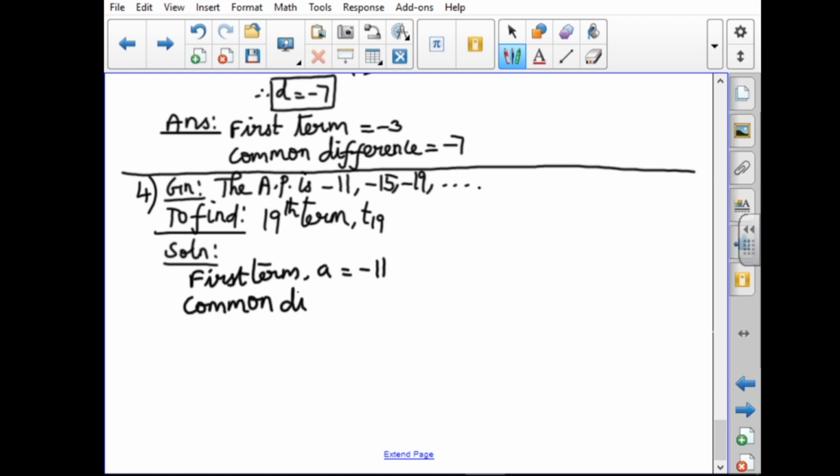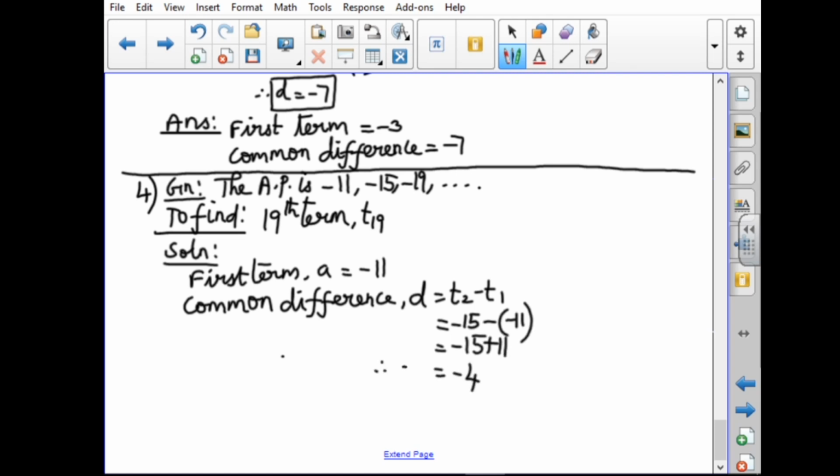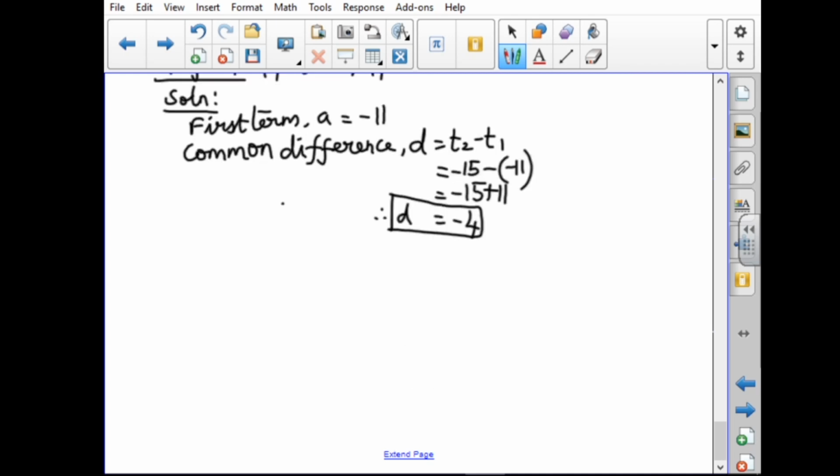Common difference D, denoted by the symbol D, is given by the formula T2 minus T1. Here the first term is minus 11, second term minus 15, third term minus 19. So, second term minus 15, minus of first term minus 11. That is minus 15 plus 11, the answer will be minus 4. Therefore, D equal to minus 4, A equal to minus 11. We want to find the 19th term. So, 19th term T19 equal to, we have to write the formula.